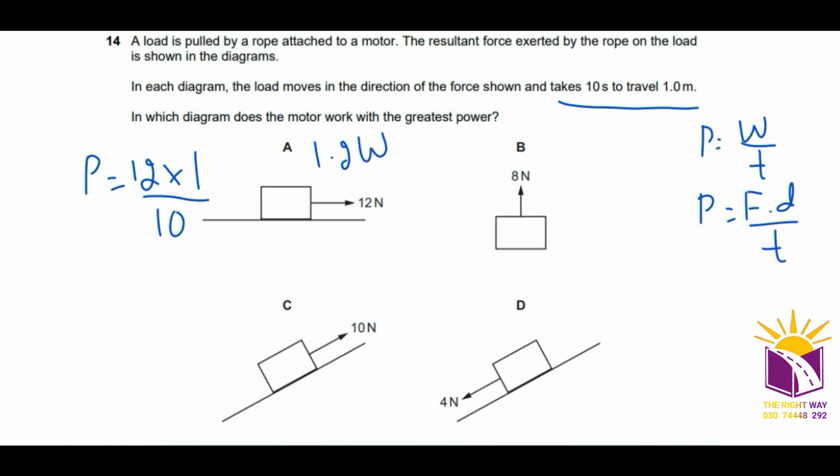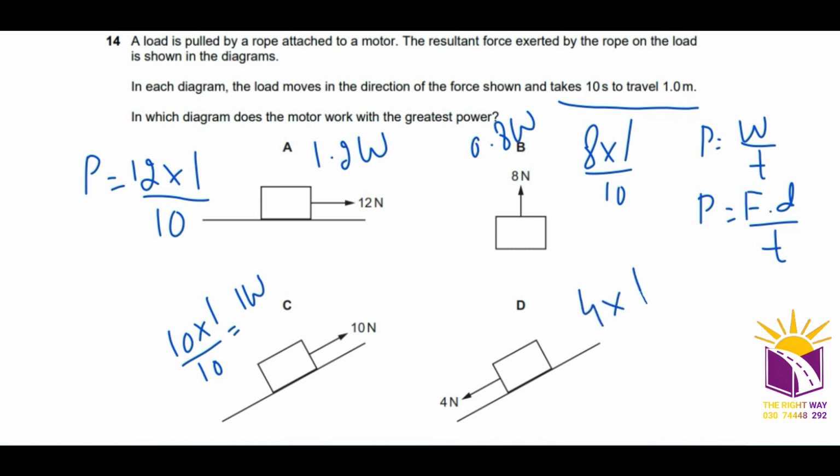For the 8 Newton, it is 8 multiplied by 1 divided by 10 and it is 0.8 watt. For 10 Newton, 10 multiplied by 1 divided by 10 is equal to 1 watt. And for D, 4 multiplied by 1 divided by 10 and it is equal to 0.4 watt. So A is the right answer, in which the power will be the greatest.